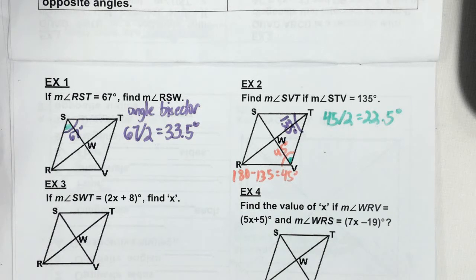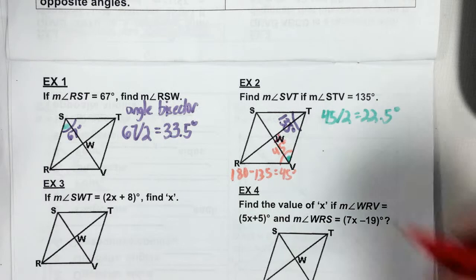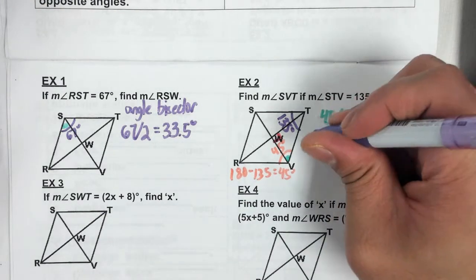So that's one way to find STV. Second way to find STV is by recognizing that we have a right angle in here. Also, if I cut 135 in half, we bisect 135.